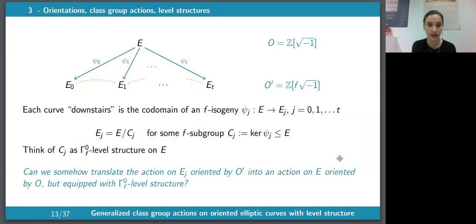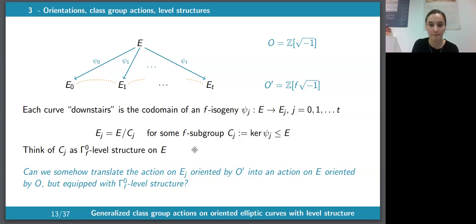Now, going back to SCALLOP, as we said, we would like to think of some subgroup Cj of order F of E as level structure on E, and I think you will now agree with me that this is gamma 0 of F level structure.